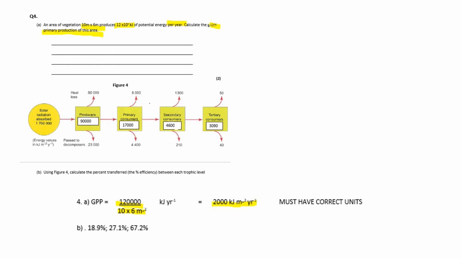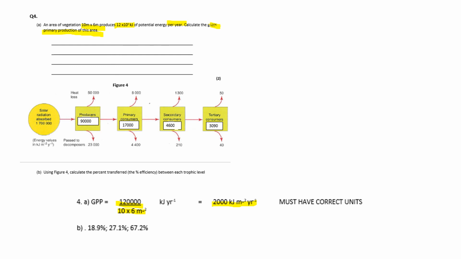The next calculation you need to do is to calculate the energy efficiency, so that percentage transfer between each of the trophic levels in the diagram. So between producer and primary consumer, between primary consumer and secondary consumer, between secondary consumer and tertiary consumer. Really, really simple calculation, guys. So all you need to do is take your trophic level and divide it by the trophic level below.